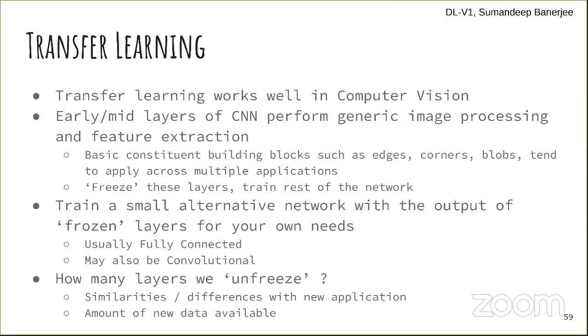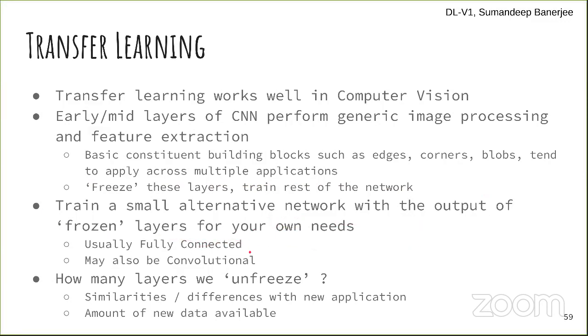We utilize that: we just pick the weights, pick the models from open source, either pick the classifier stage directly and just retrain the models, or have our own classifier stage, whatever the use case is, because the original network may be doing 1,000 class classification, your case might be a 10 class classification, so you have to modify the classifier stage. Anyway, what we do is freeze the layers and train a small alternative. Either we train the rest of the network or train an alternative network according to our own needs.